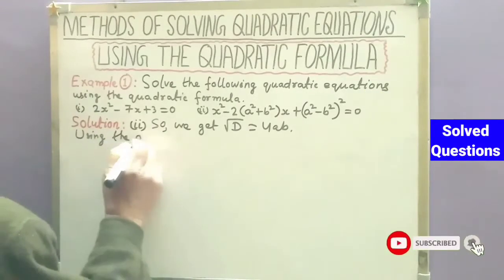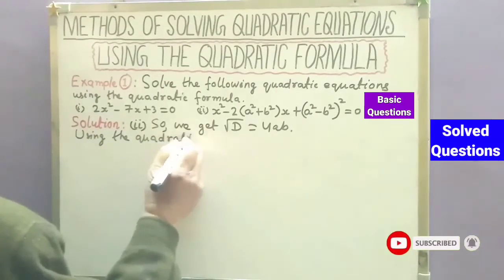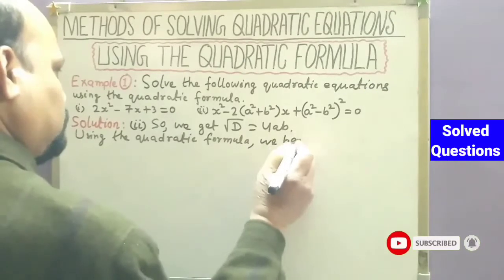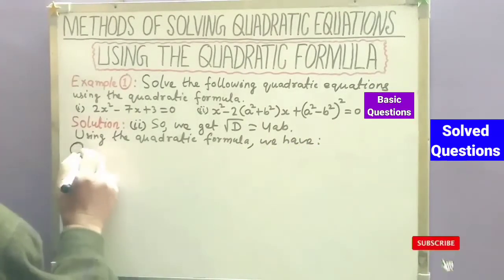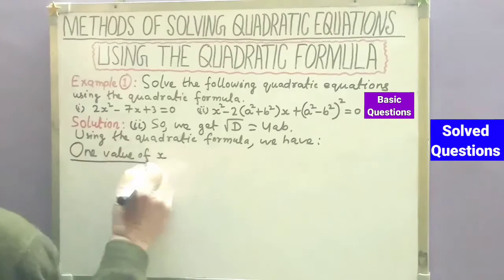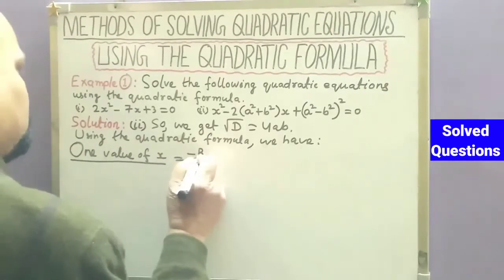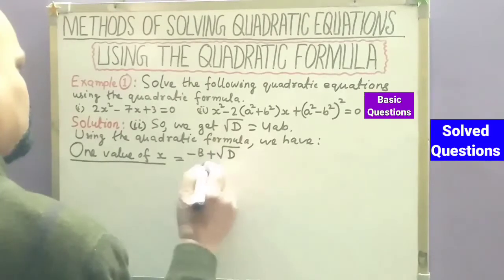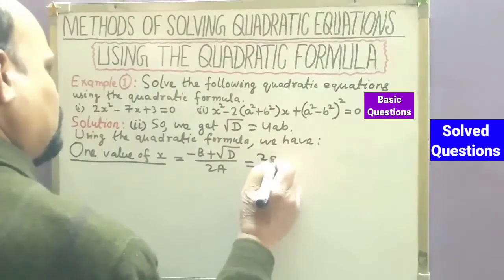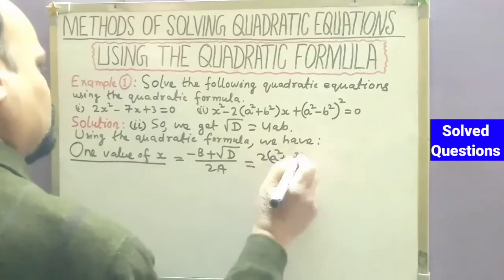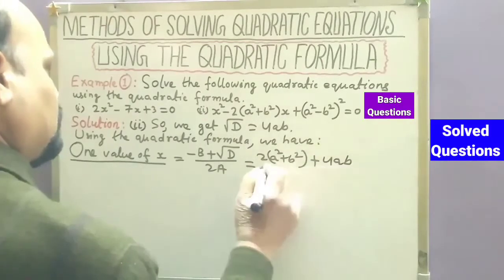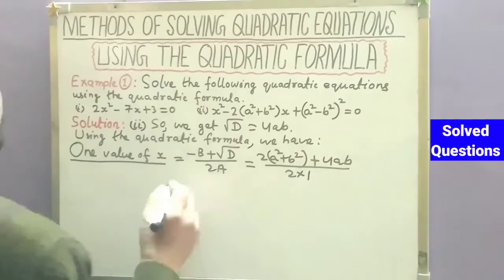Now, using the quadratic formula, we have one value of x equal to (−b + √D)/2a, that equals (2(a² + b²) + 4ab)/2, because √D = 4ab.